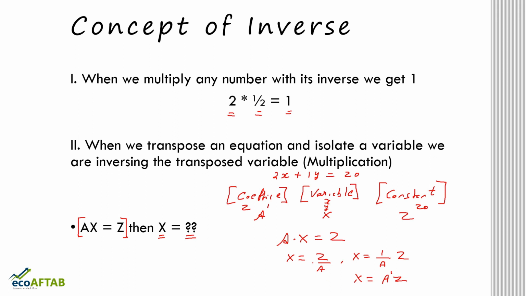Similarly, when I am bringing the variable A to the other side, if A is a matrix and you multiply it with its inverse, we are going to get an identity matrix. So this is one important law: A multiplied by its inverse gives us the identity matrix. For identity matrix, you can refer to my video where I have spoken about different types of matrices. With this brief introduction to the concept of inverse, we will start dealing with inverse in matrices.